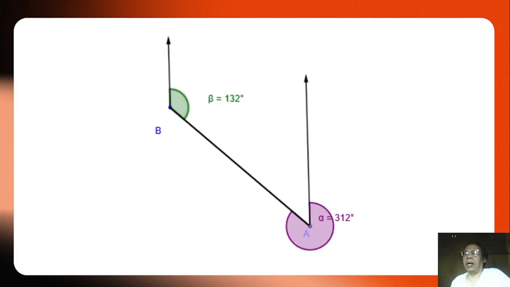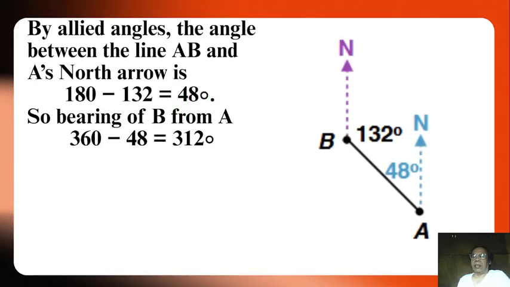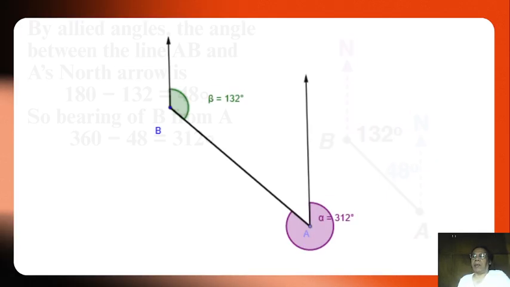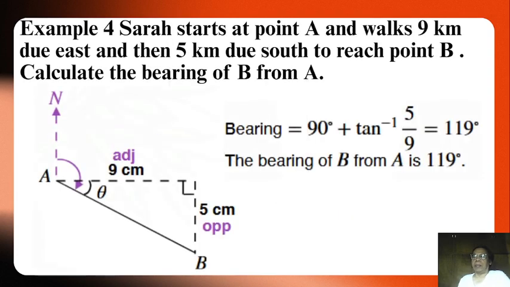Okay, so the answer is 312 degrees. And this is now our illustration for the 312 degrees bearing at point A going to point B.